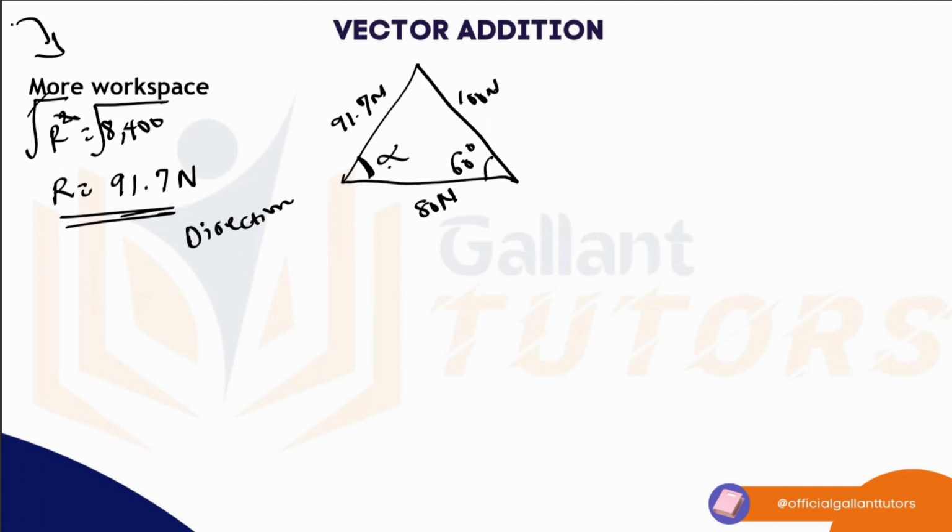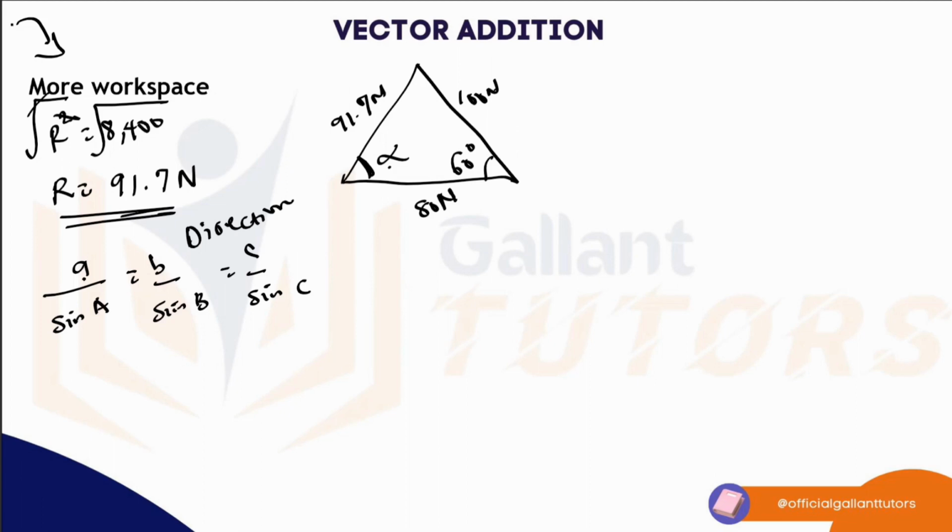We cannot use the cosine rule because two angles are present. So we're going to make use of the sine rule. If you remember, a over sine A equals b over sine B equals c over sine C. This is exactly what we're going to make use of.